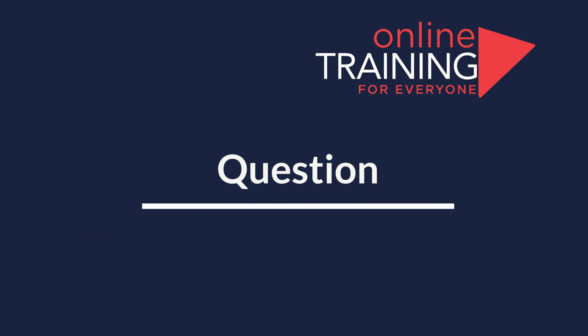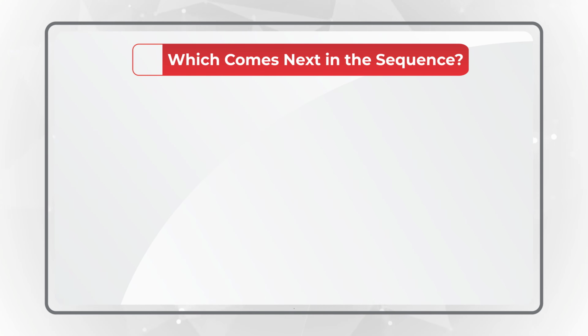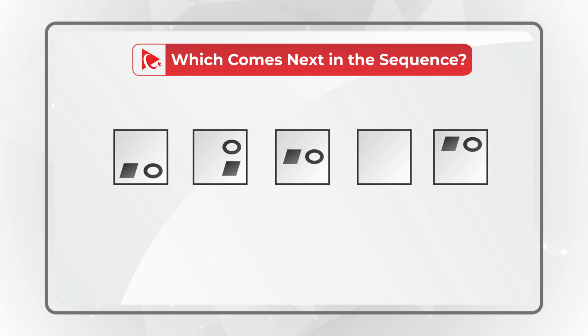I love this question because it really makes you think in order to get to the correct solution. You need to determine which shape comes next in the sequence, and you're presented with the series of 5 shapes. Squares 1, 2, 3, and 5 have other, smaller shapes inside, and you need to determine shape 4.